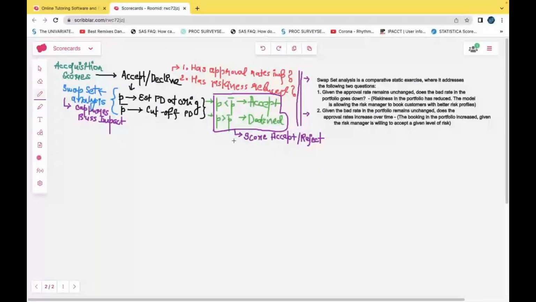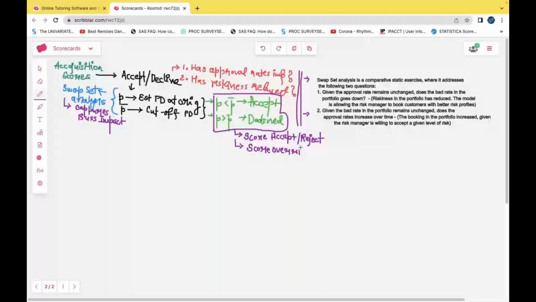The second part is overrides, or as we call it, score overrides.